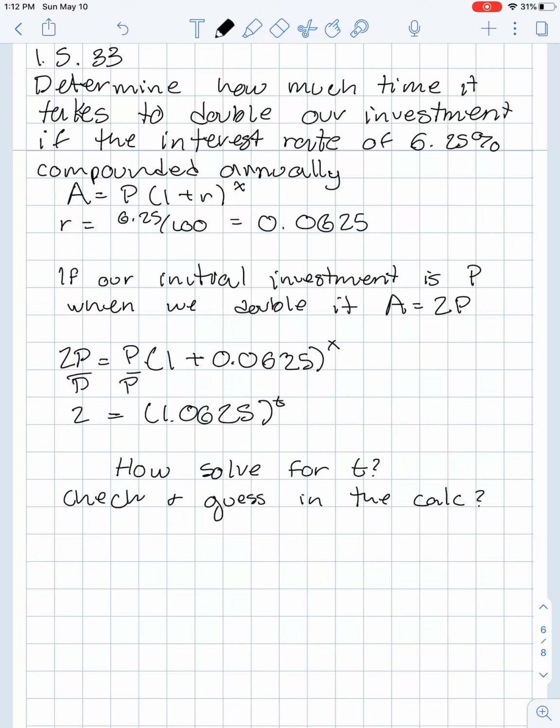We'll actually learn in section 1.6 right after this how to solve this. So we are done with 1.5 today.